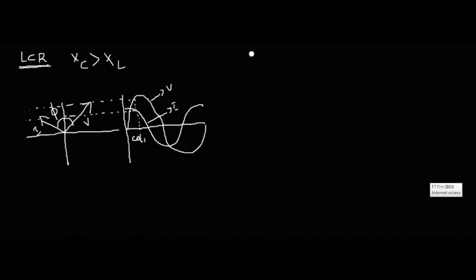Now if the question says draw the phasor diagram of a series LCR circuit with XL greater than XC, the circuit will be predominantly inductive in nature. There the current lags the voltage by a particular angle.